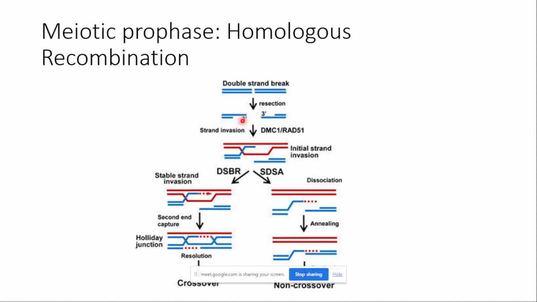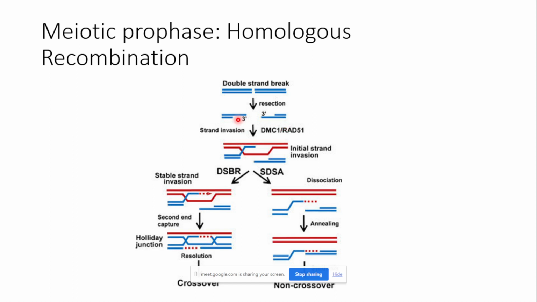Initially it was like this, but after the trimming it is like this. Same here, this is also the 5' end. Here you can see that at the 3' end trimming has occurred, and now there is a single-stranded region here. After that this strand will be invaded.